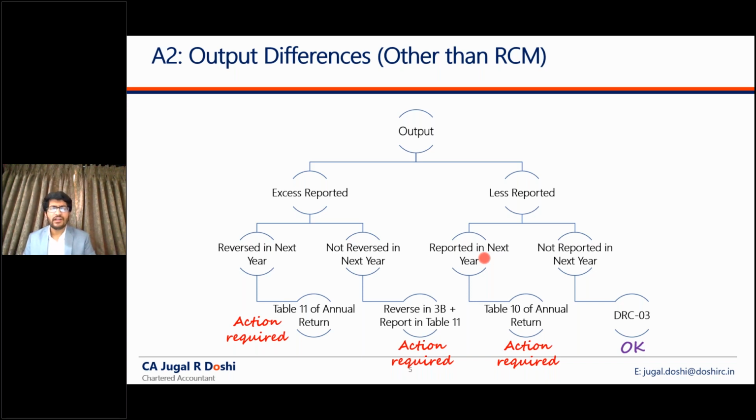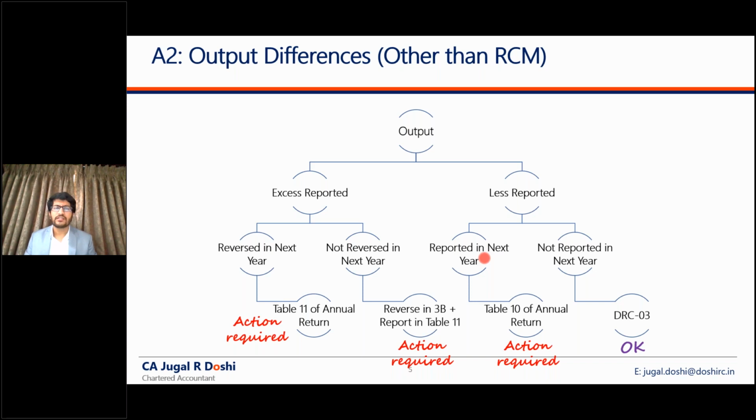Then there would be a difference in tax payable and tax paid as per table 9, and GSTN may issue a notice that this much is the difference and kindly pay the same through DRC 03, or they may give a notice that as per table 9 the difference is 2 lakhs and you have paid only rupees 50,000 through DRC 03. Today we cannot comment when such a notice can be issued, but it can be issued.